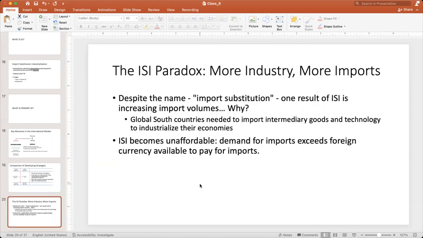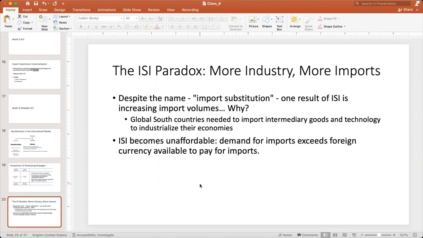However, import substitution industrialization carried out a paradox. Why? Because they want to get more industry, but they had to get more imports. Remember, they are trying to replace the imports with domestic goods. So despite the name import substitution, one result of import substitution industrialization is increasing import volumes.